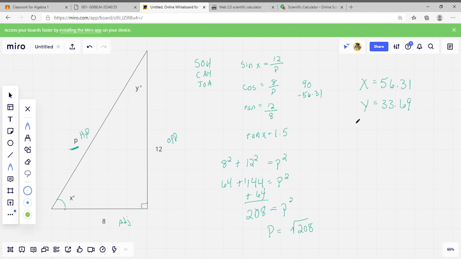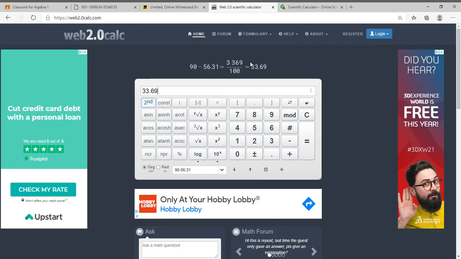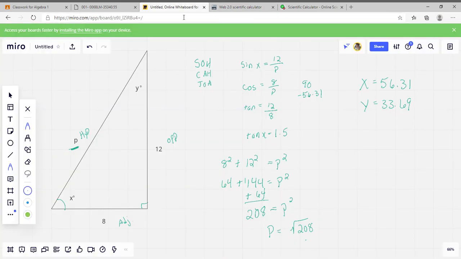And we can break that down. I think that's divisible by 16. It's definitely divisible by 4. 208 is 13 times 16.